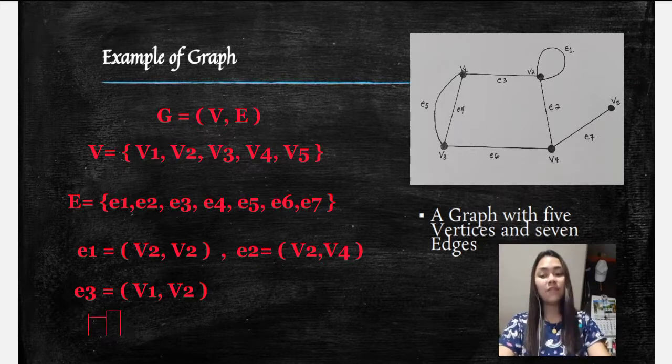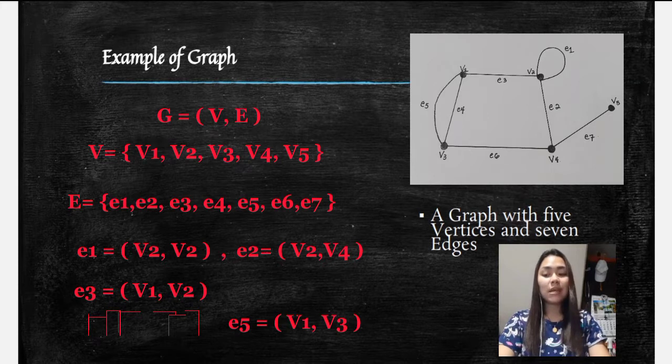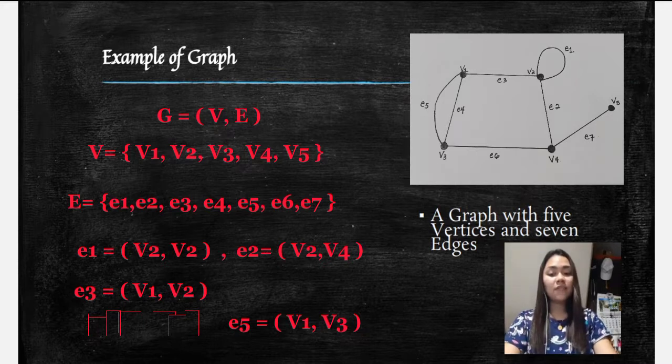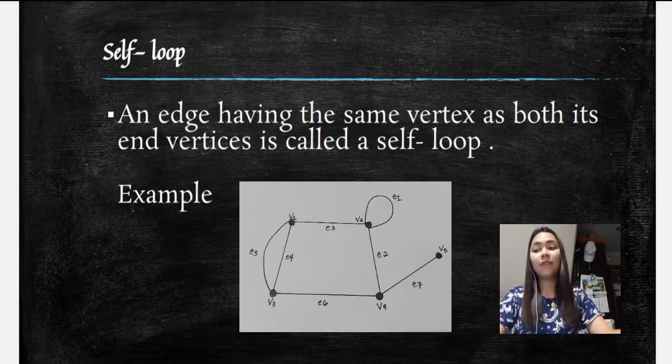That is, e4 is in between vertices v1 and v3, and e5 is in between vertices v1 and v3. Likewise, we find edge e6 identified by the pair of vertices v3 and v4, and the edge e7 identified by a pair of vertices. Next, we will define self-loop.